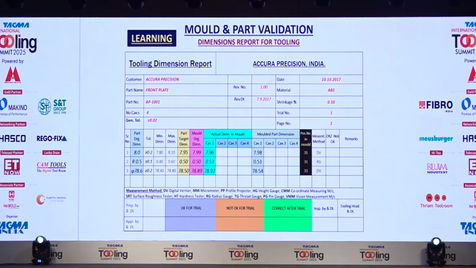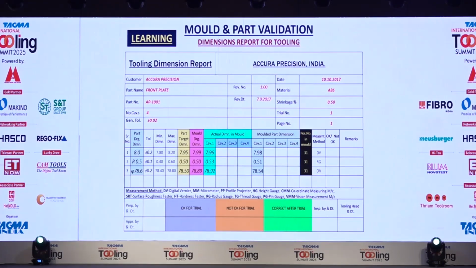The 7.99 shown here will be marked as serial number 1, which is the dimension number of the part in the customer's part drawing. The same will go in the 31 also, and the actual dimension is measured, you can see in the blue color, where the actual dimension of the cavity is written. So he can validate that the customer's dimensions are taken right from the input till the part is made.